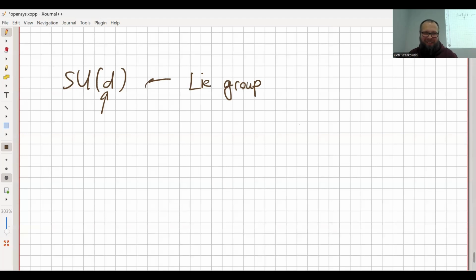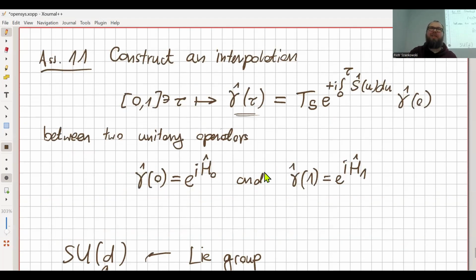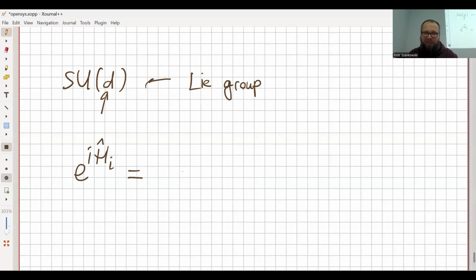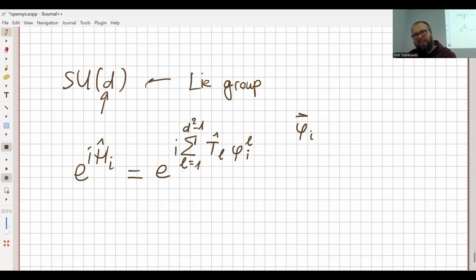What I mean by that is, if I take any operator, like one of the endpoints of our interpolation, you can parameterize it as e to the i times the sum over l from 1 to D squared minus 1 of phi_l times V_l, where phi is a vector of coordinates.